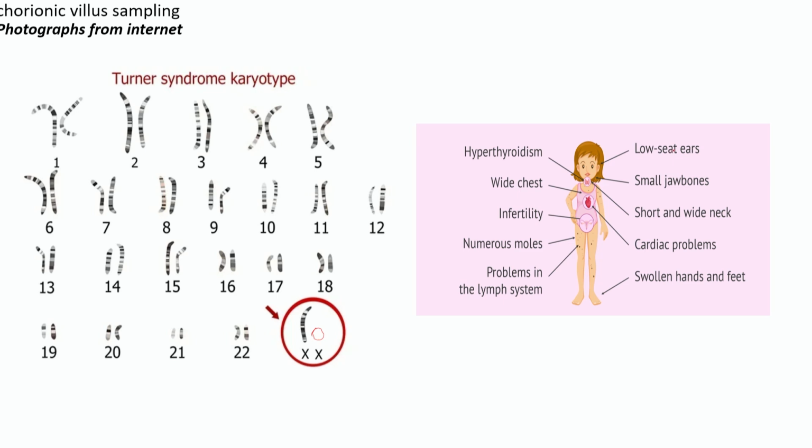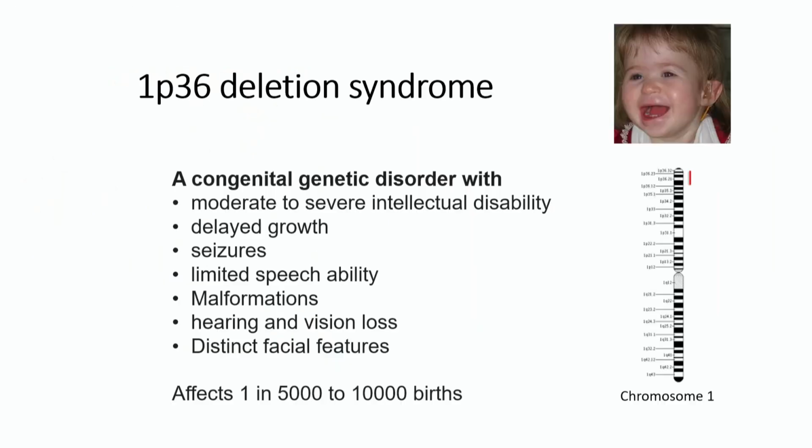Low set ears, this is not sit, this is low set ears. Small jaw bones, short and wide neck, cardiac problem, swollen hands and feet. The gonads are rudimentary, infertility, wide chest with nipples far apart. So these are some of the problems.